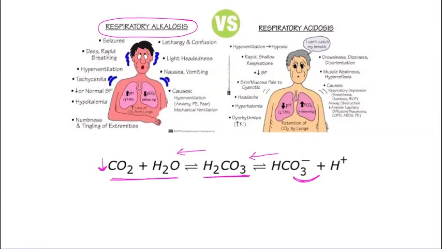Because we are combining H plus and HCO3, that means that we have less H plus in the system. And since we have less H plus, that means that we have an increase in pH values.